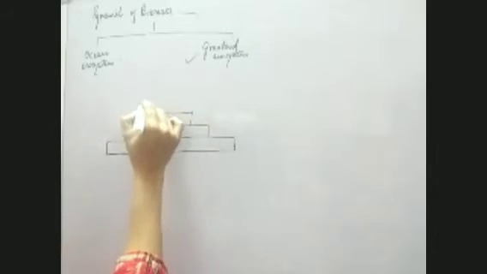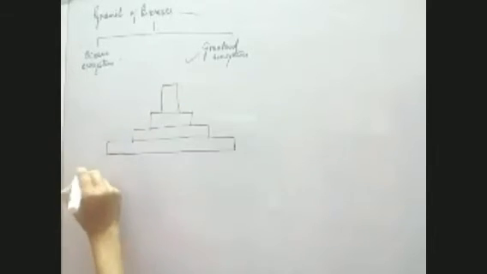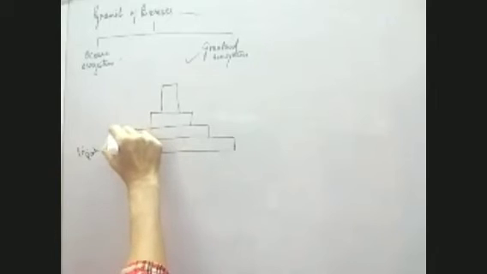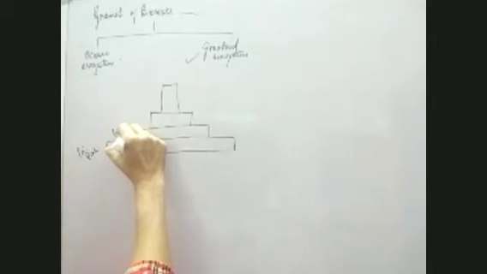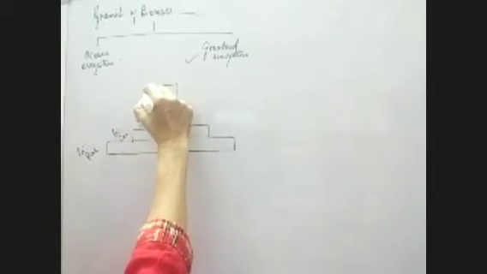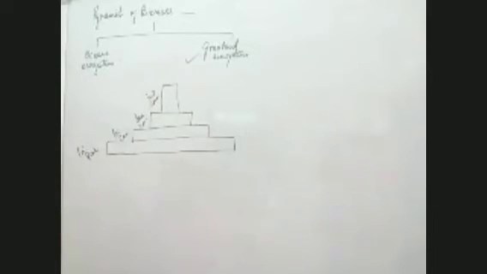And then we have the top consumers. This is primary producers, this is primary consumers, this is secondary consumers, and this is tertiary consumers or the top consumers. So we have these 4 trophic levels here.